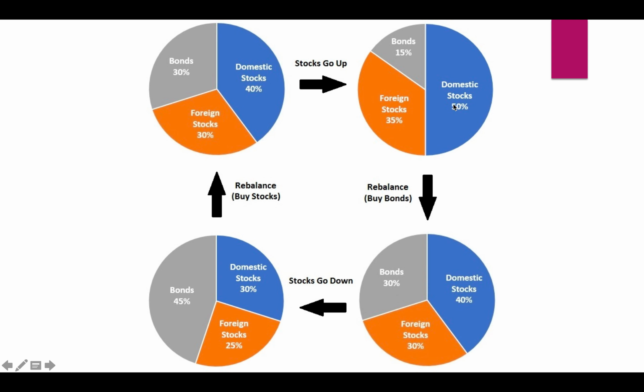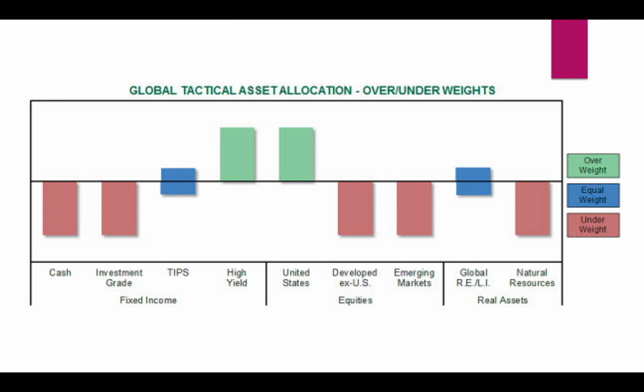We're going to add more stocks and less stocks and then go less again. So basically it's predicting how well asset classes are going to turn and changing the asset allocation, giving the manager the discretion to do that. That's tactical asset allocation.